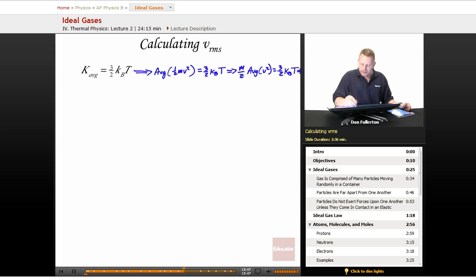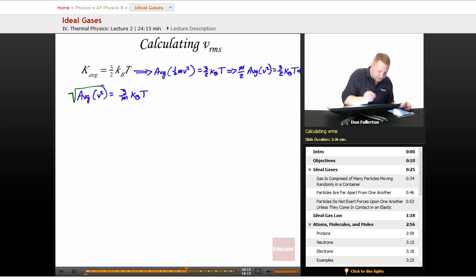Or, if I divide both sides by m over 2, or think of it as multiplying both sides by 2 over m, the left-hand side is just going to be the average of v squared, and the right-hand side, we're going to have 3 over m, Boltzmann's constant, times T. If I take the square root of both sides, well, this is the definition of the VRMS, the root mean square velocity.